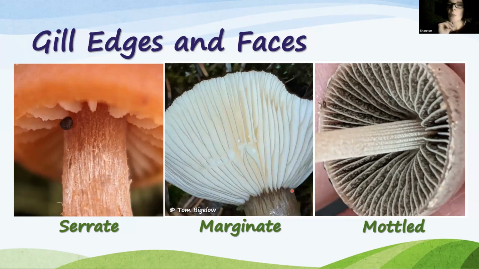Sometimes you'll find mushrooms whose edges are different colors than the face of the gills, and these are referred to as marginate gills. In other instances, you might see that the gills have a speckled, variegated, or mottled appearance.